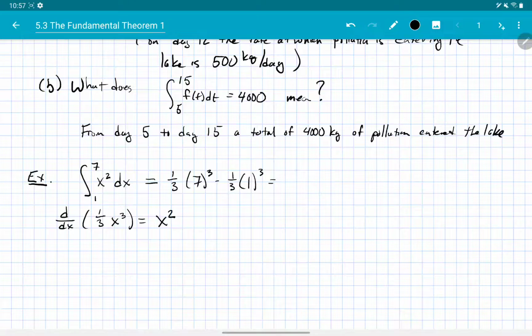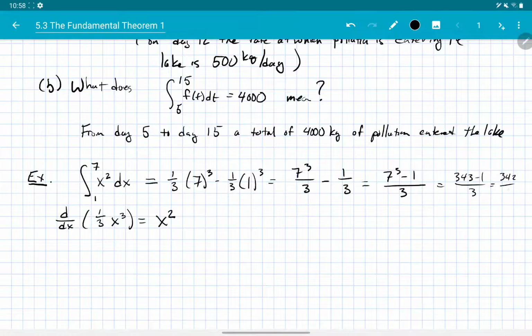So that allows us to say we get 7 cubed over 3 minus 1/3. So this is 7 cubed minus 1 over 3. All right, 7 cubed is not coming to me in my head here. So 7 times 7 times 7 is 343. So this is 343 minus 1 over 3. So this is 342 over 3.